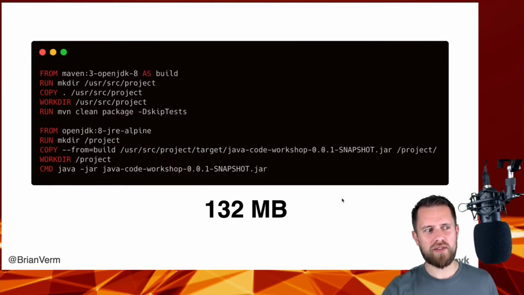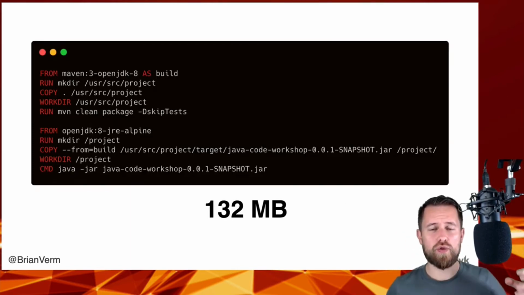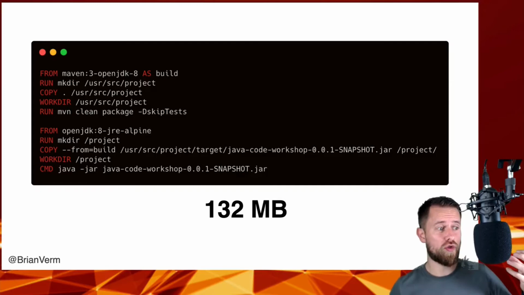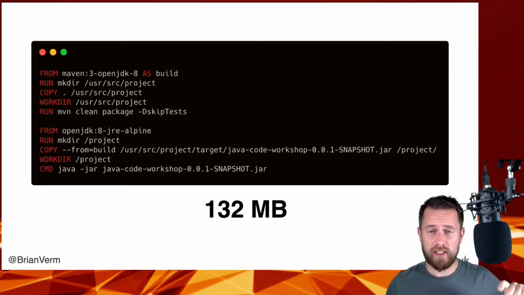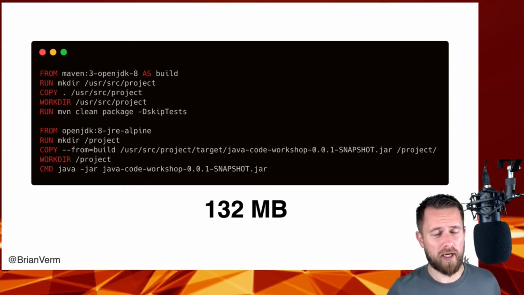If I transform that container into this and I make a two-step build, first step, I use my Maven image to create the build. Then a second step, which will actually be my production image, uses a very small Java 8 JRE, Alpine based. I only copy over the jar file and I run the jar file as a normal java -jar. This will end up with an image that is only 132 megabytes big.